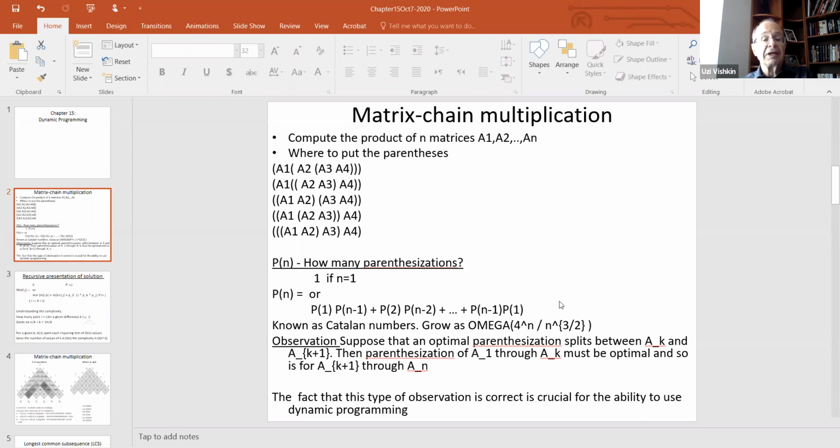Now, clearly, when you multiply two matrices, what goes away is the shared dimension, right? Because if I multiply A1 times A2, the product will be n1 times n3. So the second dimension disappeared.